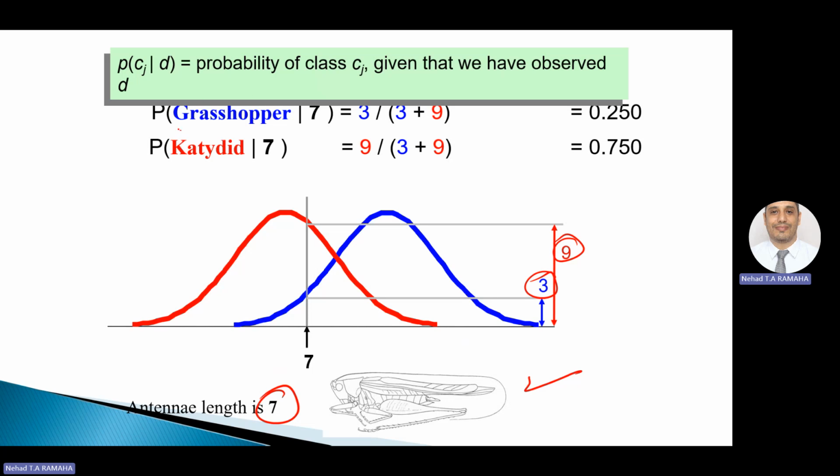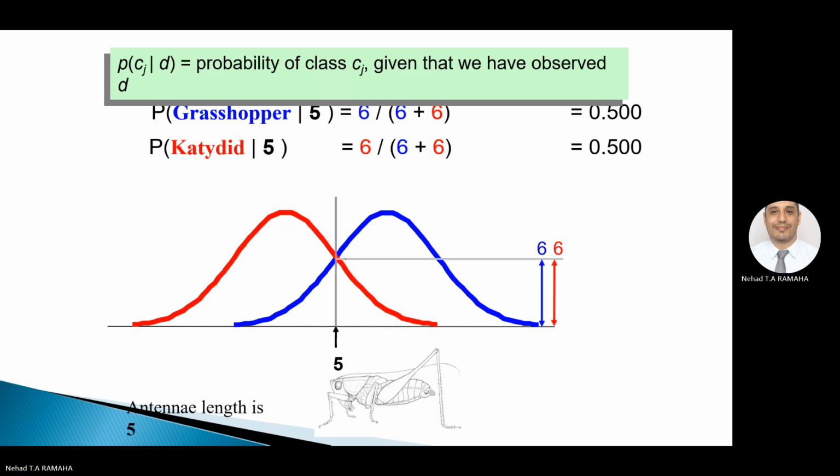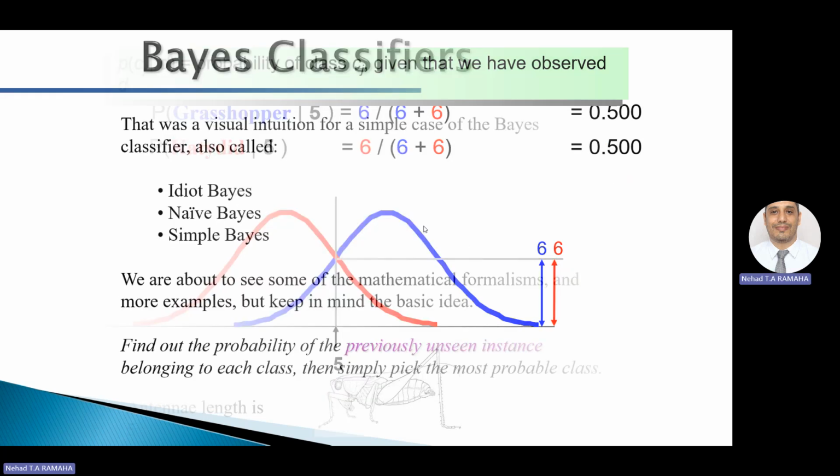So the probability of grasshopper with antenna length 7 is 3 divided by the total, which is 12. Same for the katydid. Here, when we have the same numbers, 6 and 6 for both, we have the same probability.